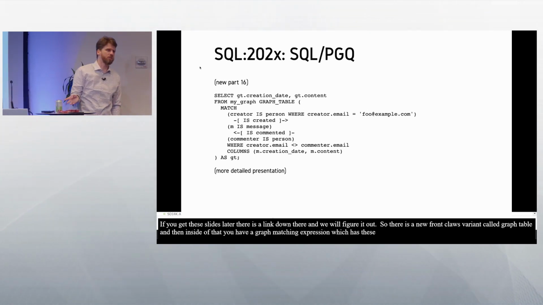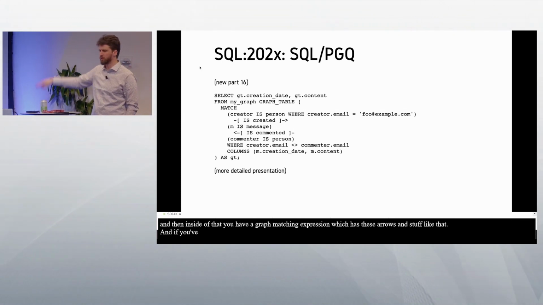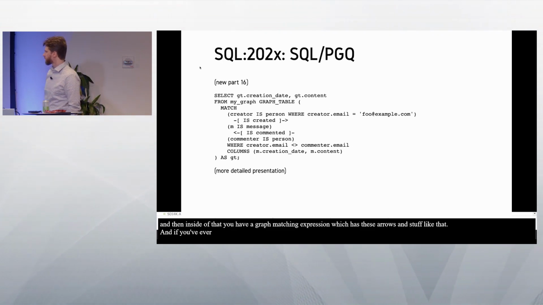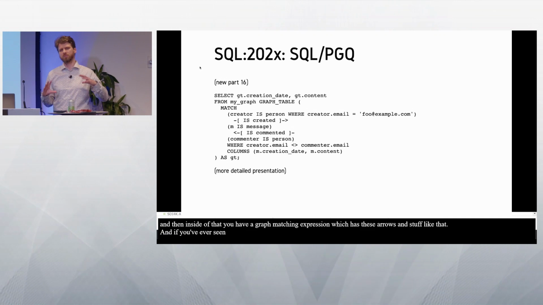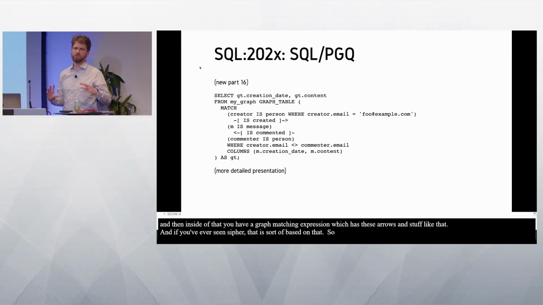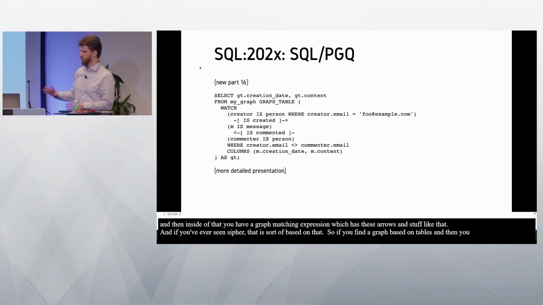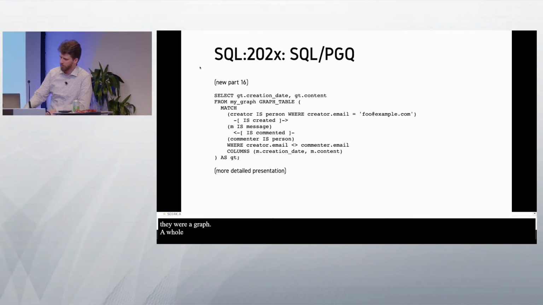If you've ever seen Cypher, this is based on or similar to that. So you can define a graph based on tables, and then you query your tables as if they were a graph. It's a whole thing. I can't get into that now, but that's there.